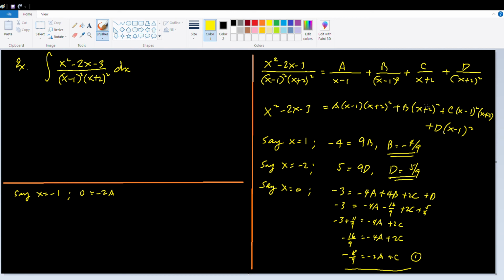Next, negative 1 plus 2 is positive 1, squared is positive 1, so b. Then, negative 1 minus 1 is negative 2, squared is 4. Negative 1 plus 2 is 1. 4 times 1 times c is 4c. And negative 1 minus 1 is negative 2, squared is positive 4, so 4b.